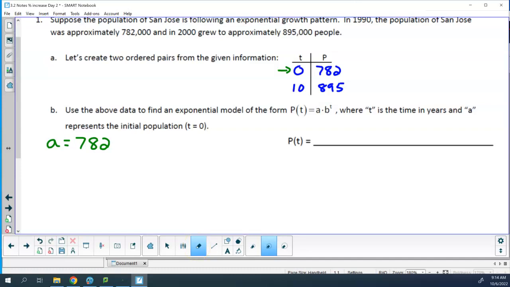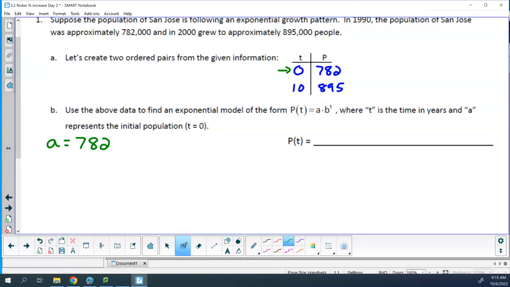Apparently there's too big of a conversation going on in the back of the room for us to learn math right now. Are we done? No, if you were sorry, you would have been quiet. Continue. So it would be 895 equals 782 times B to the 10th power. Do we all agree with that?